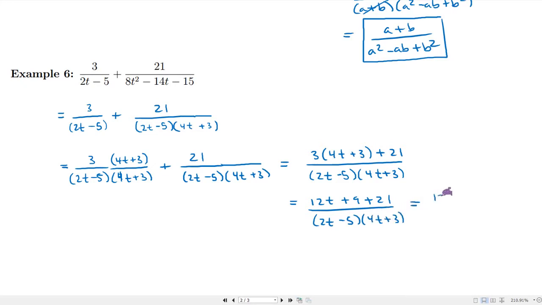So we get 12t plus 30. And is that going to help us? Well, what can we factor out of this? We can factor out a 6. Let's see if that helps. So 6 will be 2t plus 5.